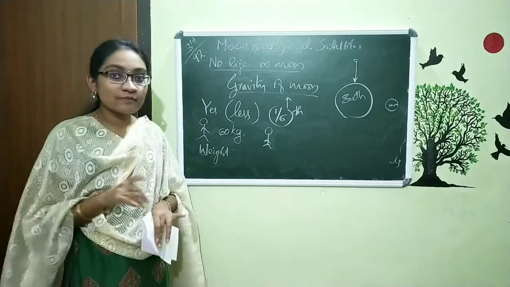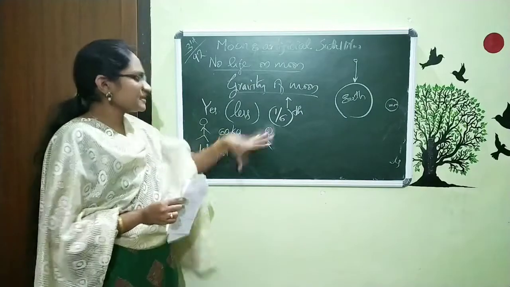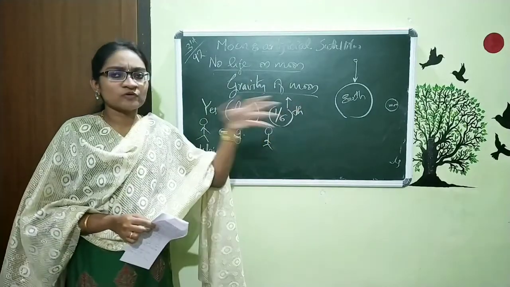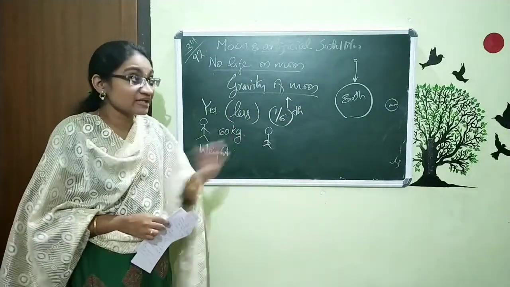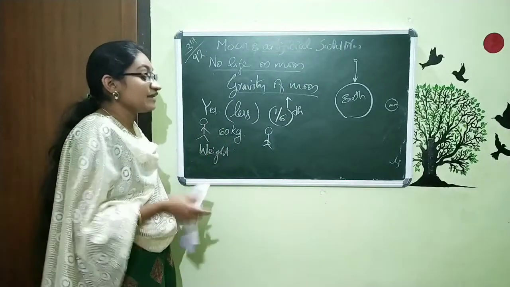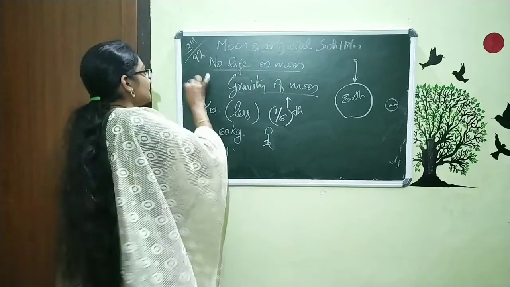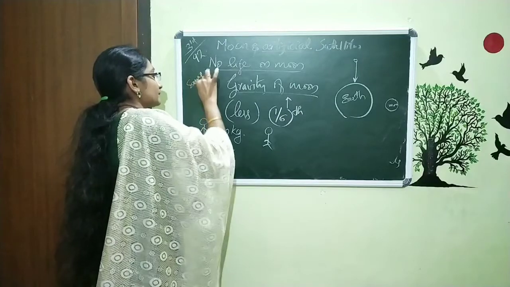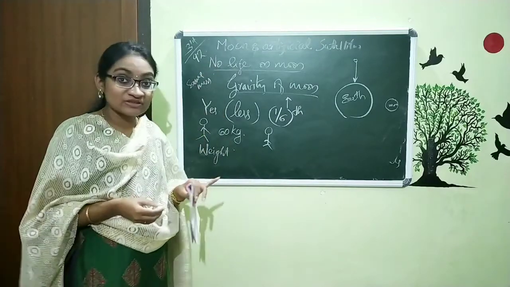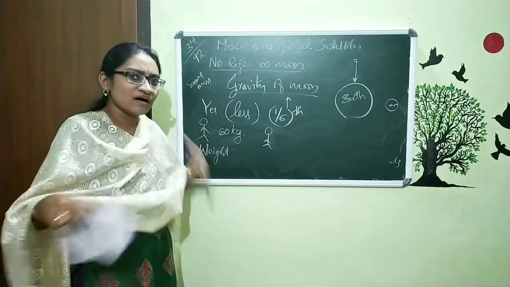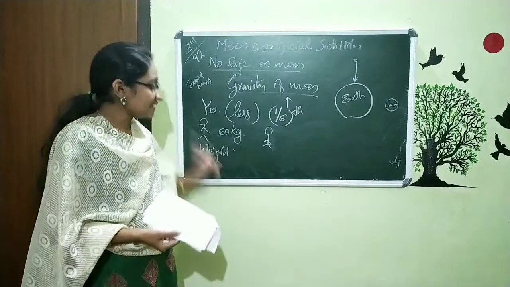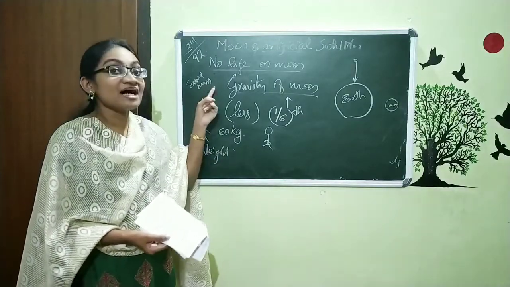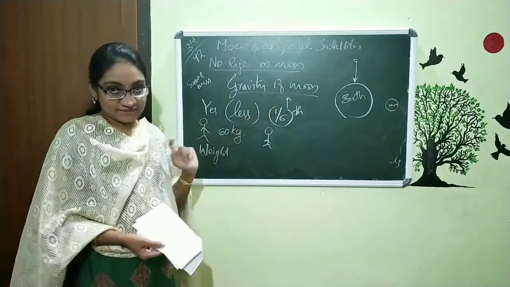When we are talking about the mass, wherever I am going, for the earth, for the moon, for Saturn, for Neptune, everywhere I will have the same mass. Same mass. But here I am talking about the weight. Actually we are always taking the weight. That is actually the product of the mass and the gravity.